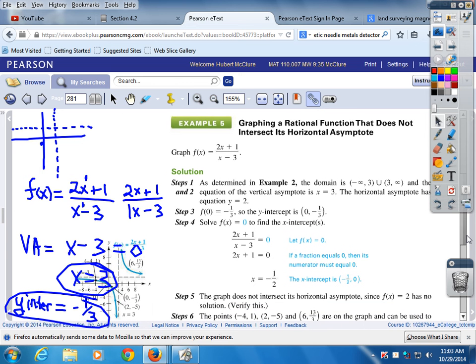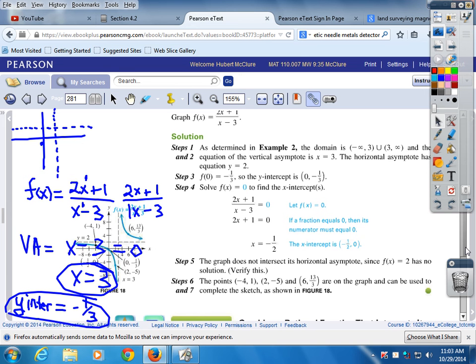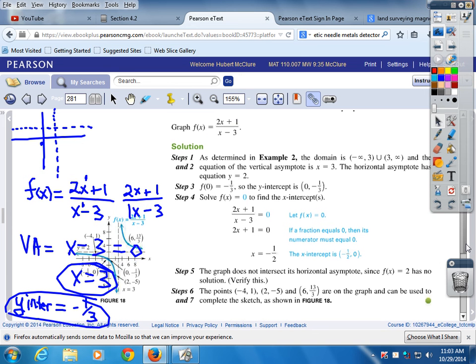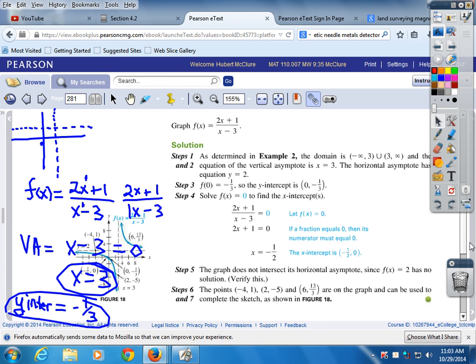Where's the horizontal asymptote? Okay, the horizontal asymptote right here: y is equal to 2. Step 5 says the graph does not intersect its horizontal asymptote, since f of x is equal to 2 has no solution. So graph it, and you'll see what I'm talking about.